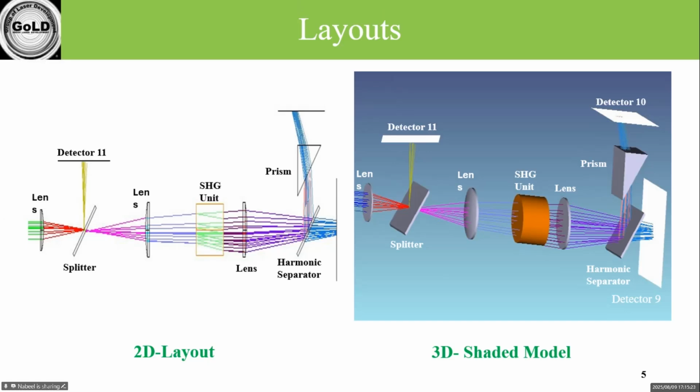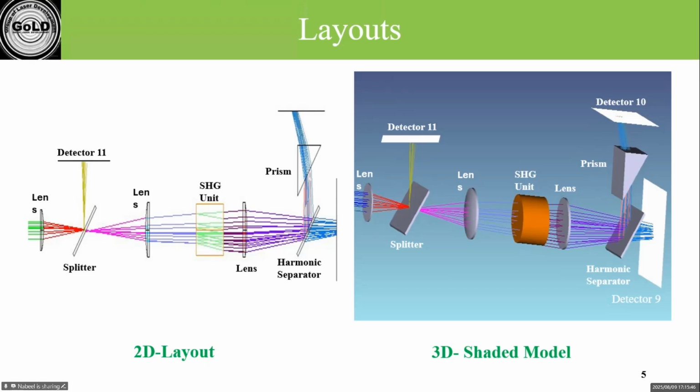This beam splitter is splitting both the beams, transmitting 1064 and 532 nanometer and reflecting 1064 plus 532 nanometer. What we want is that 1064 should be transmitted and 532 nanometers should be reflected.